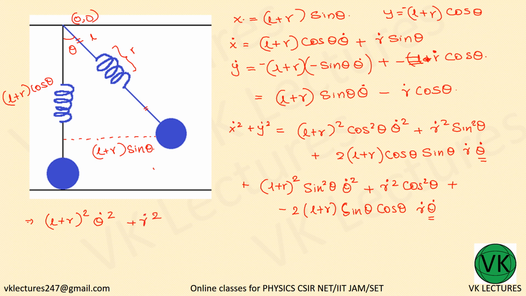Now if you want to get the kinetic energy T, we have to multiply this with half m, which is the mass of the ball.